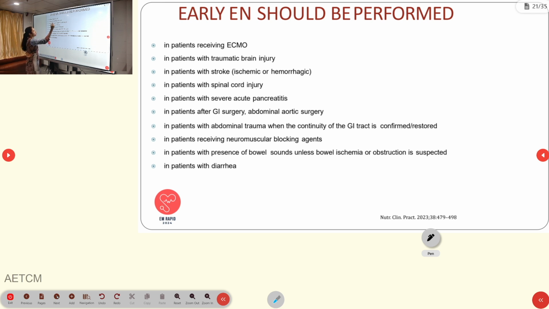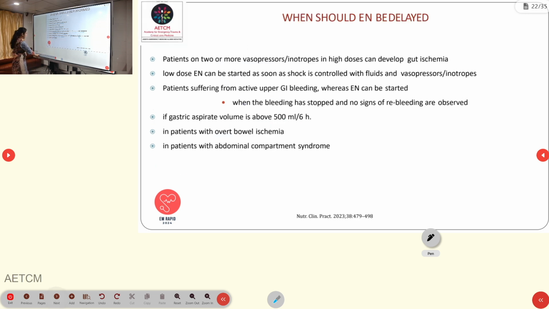So, these patients who are receiving ECMO, traumatic brain injury, any patients with stroke, spinal cord injury, pancreatitis, GI surgery patients immediately after surgery, especially not the gut surgeries, other solid organ surgeries, then in patients with abdominal trauma when the continuity of the GI tract is confirmed or restored, and in patients receiving any neuromuscular blocking agents, and the patients with the presence of bowel sound, and after ruling out bowel ischemia and obstruction, we can immediately start the feed, and even in patients with diarrhea, early enteral nutrition should be given.